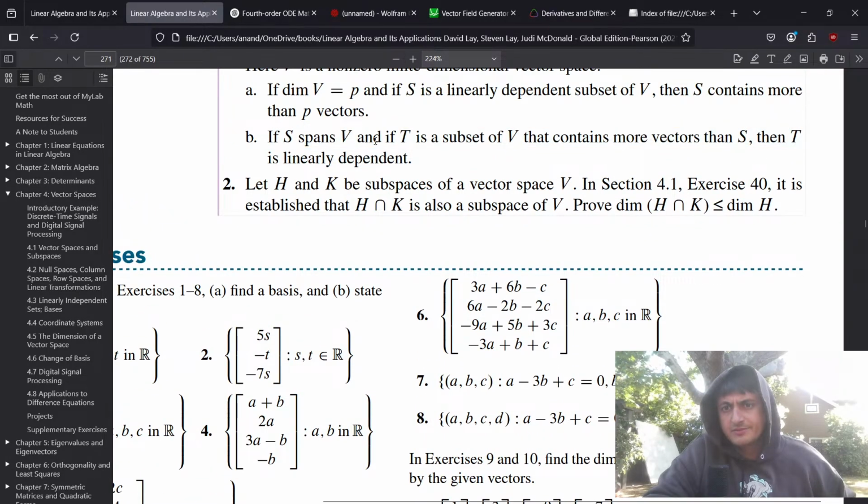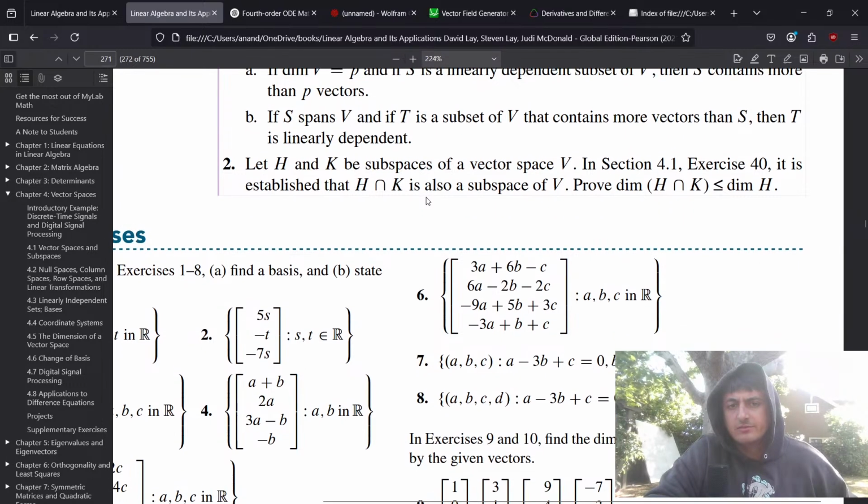No, not necessarily because, well, yes, that is true. All right, let H and K be subspaces of a vector space V. In section 4.1, exercise 40, it is established that the intersection is also a subspace. Prove that the dimension of the intersection is less than or equal to the dimension of H.